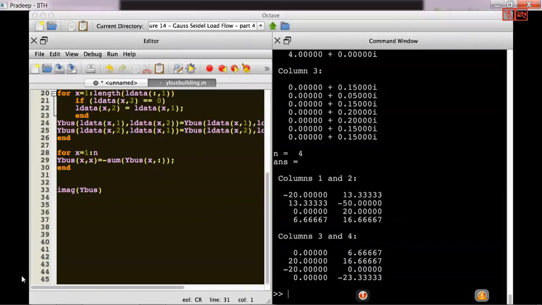So what is the next step? The next step is we have to write the load flow equations. Before that, let me also enter the generation data. On your screen, let me now share the data screen.